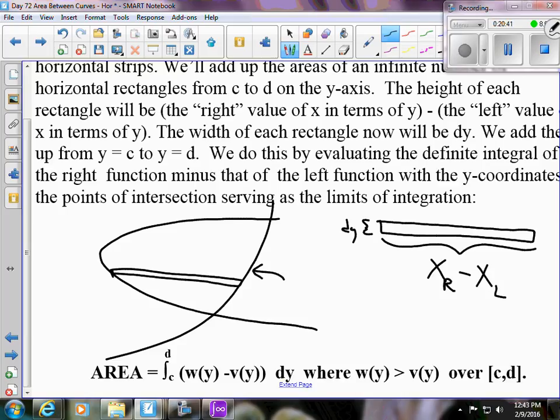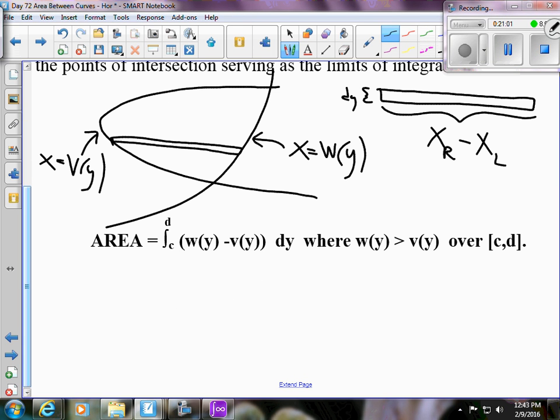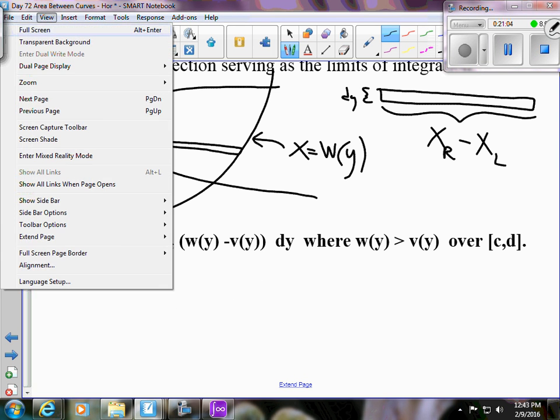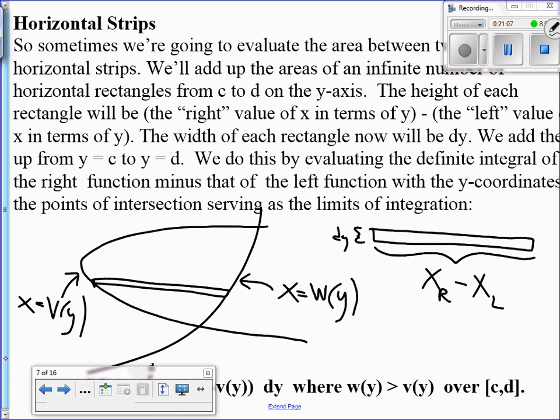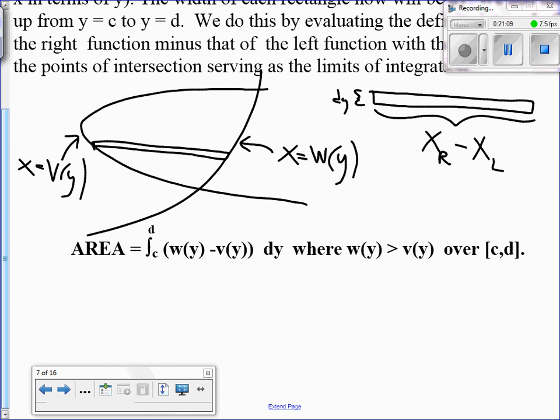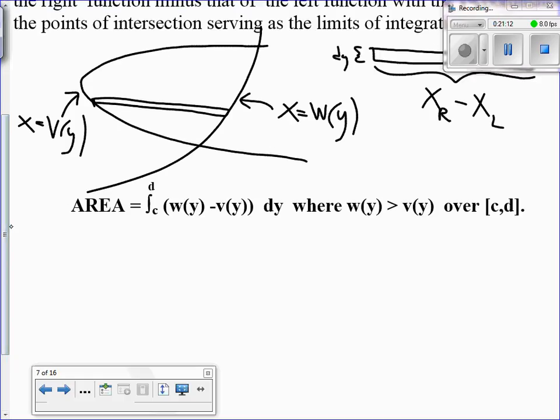So if this function here is x equals some function w of y, and the parabola here, the one on the left, has an equation x equals v of y, then we can find the area enclosed by summing up, that's the definite integral.